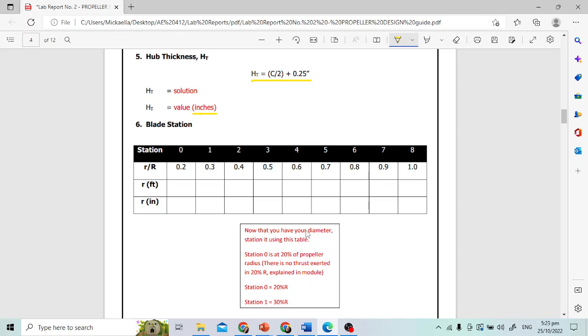Kasi, di ba, na-discuss natin sa lecture na elements inside the 20% of radius contribute no thrust. Yan. So, indicate ko naman dyan, no thrust exerted in 20% radius. So, yung station 0 natin, mag-start siya sa 20%, 0.2, which basically means 20% ng ating radius. So, we have an example right here para madali na lang intindihan. So, at station 0, 20% ng radius. Then, at station 1, 30%. Then, so on and so forth as we reach station 8. Okay?